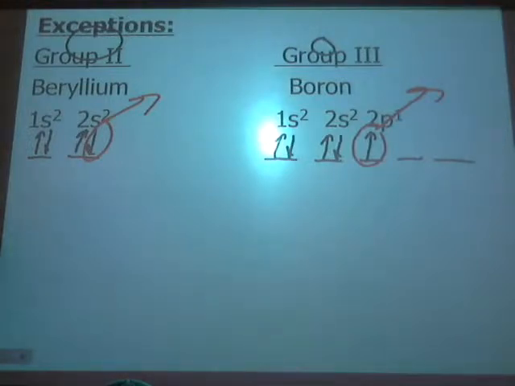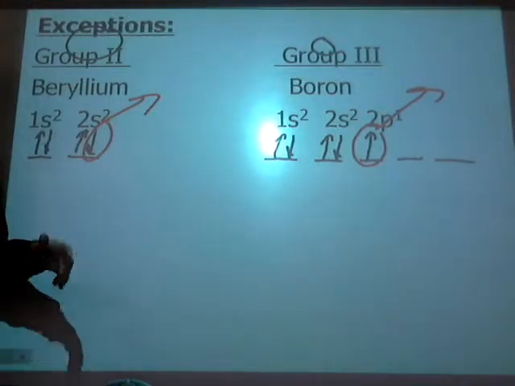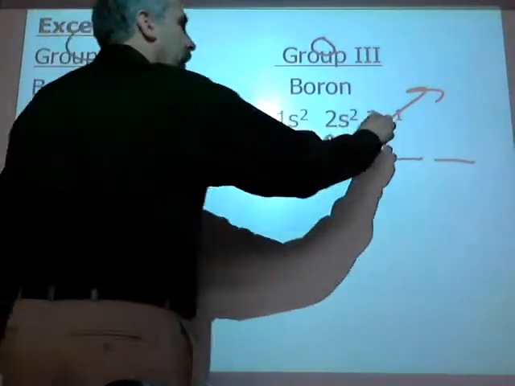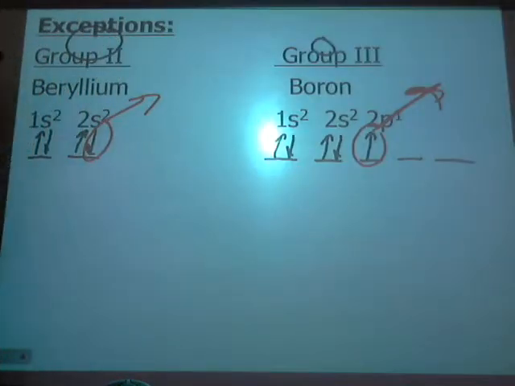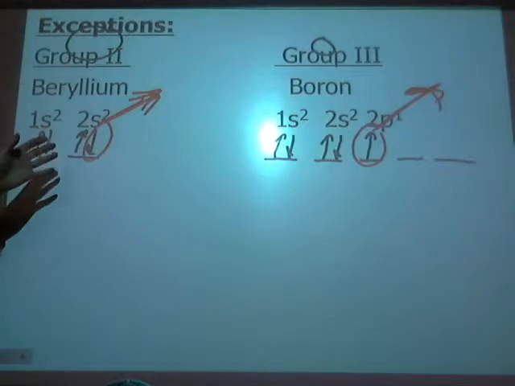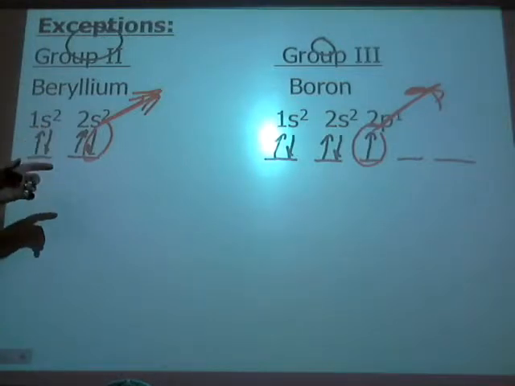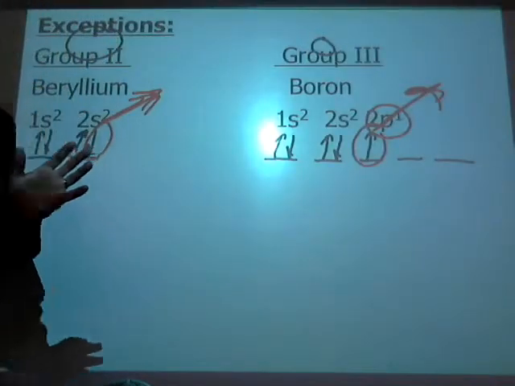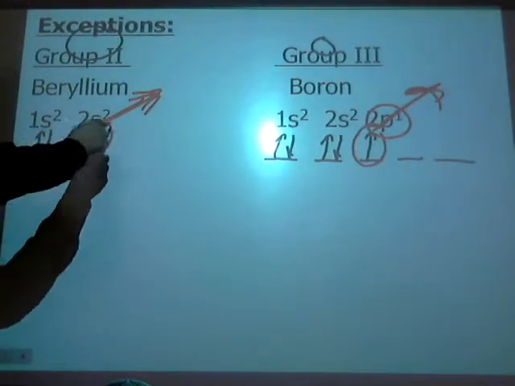That's one good reason. Don't write it down. I'm going to put them both down here in a second. Can you see another reason? Where is this guy coming from versus where this guy is coming from? They're both coming from the second energy level, but one guy is in a different what? Orbital shape. This P shape we know is not as stable, not as happy as the S shape.